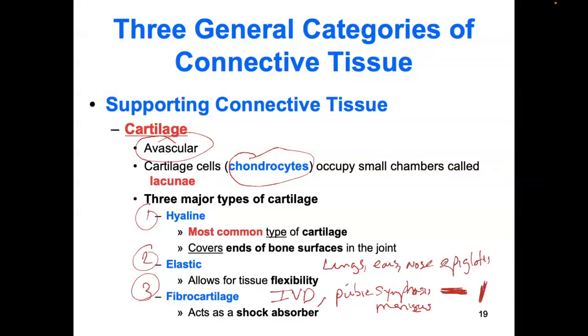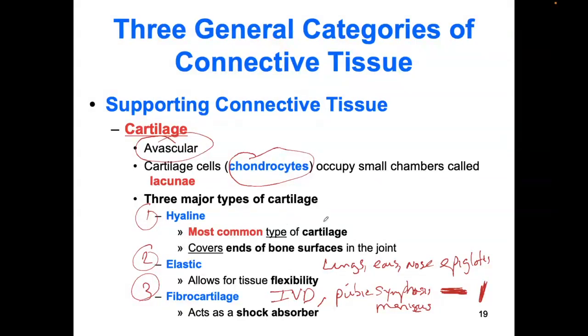The epiglottis is the flap that closes off the windpipe. So when you eat and food goes down, this type of cartilage blocks the windpipe, diverting food down your esophagus so it doesn't go down the windpipe. When people drink and then laugh at the same time and it goes down the wrong pipe, it's snuck through the epiglottis, right? That's really, really uncomfortable.